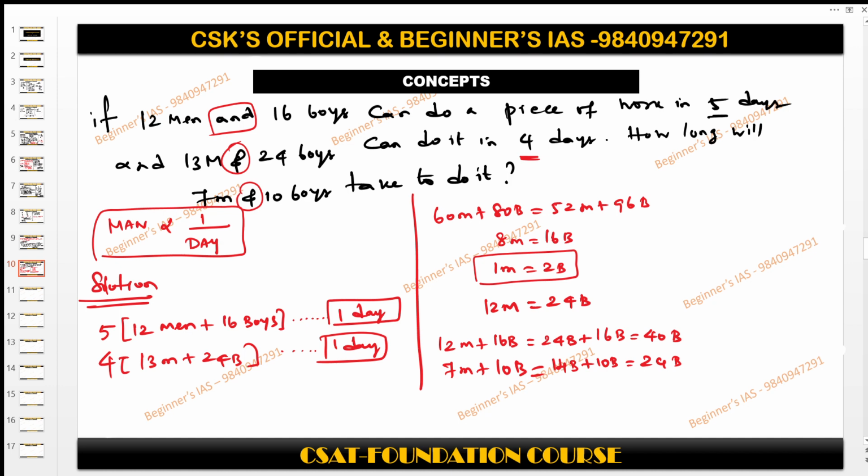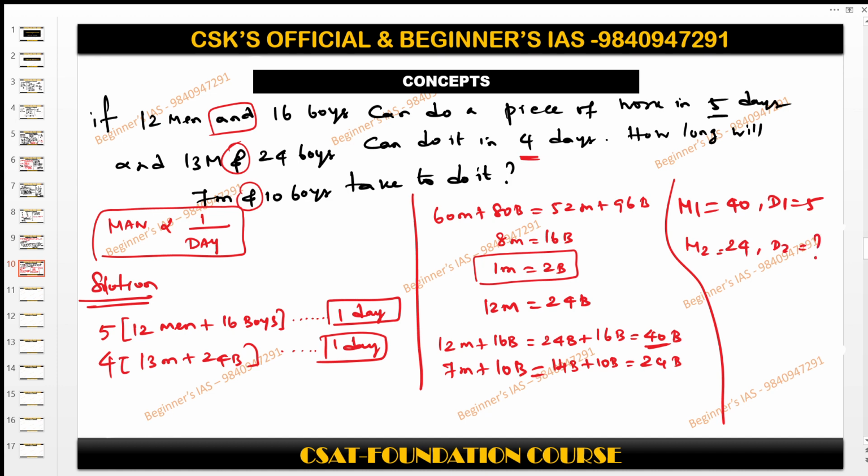Listen carefully. Now what we have done here is we have converted this one with respect to the boy. So now m1 is equal to 40, and m1 takes this much of days, 5 days. m2 is equal to what? 24. d2 is equal to what? This is the question.